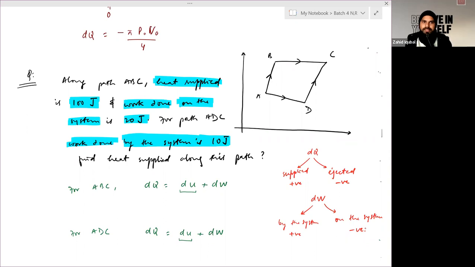Raza, check the sign of work done. Gautam, your answer is correct.